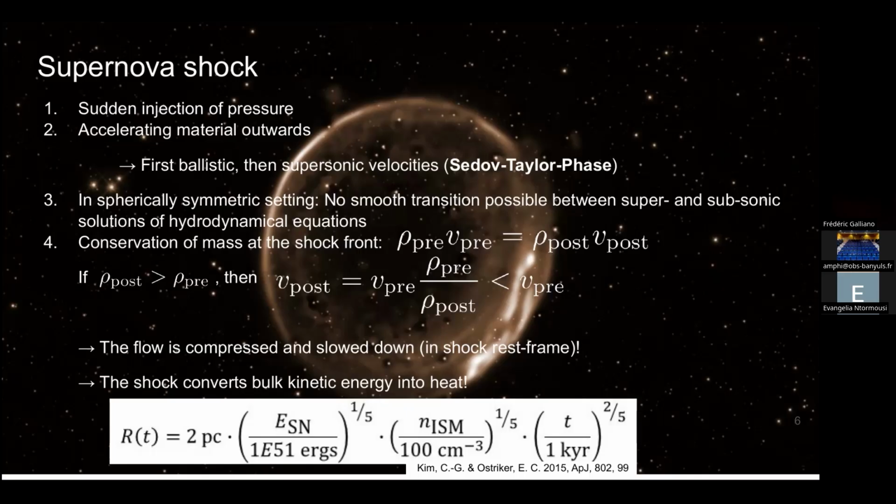Note, this is in relation to the shock rest frame, so what has been shocked moves along with the shock. Put into more understandable sentences, the flow is compressed and slowed down in the shock rest frame, and the shock converts bulk kinetic energy into heat.